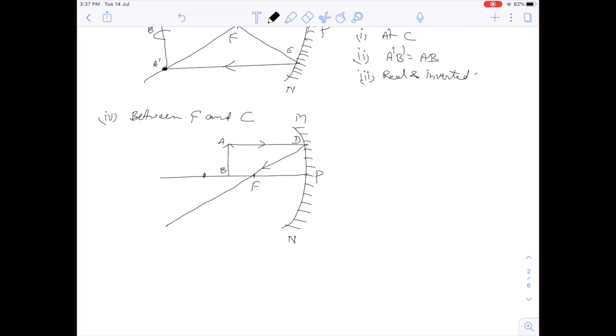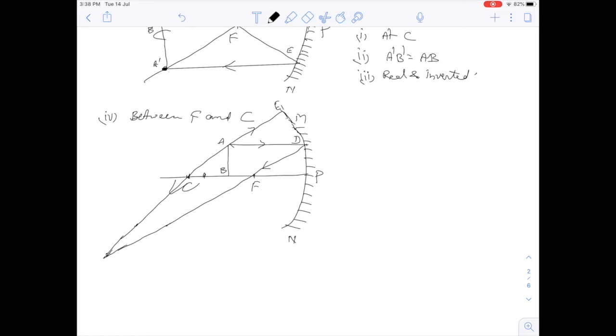And if I consider another light incident, it will be intersecting like this. Now this is E, and this is C, the center. So what will happen? This line AE will be reflected back, because it is a line passing through the center, which will be normally incident, so it reflects back in the same direction.